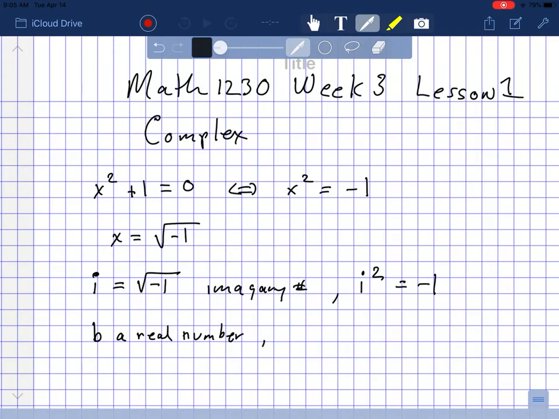Real numbers, remember, are things like integers, fractions, the number pi, the number e, the number square root of 2, and so forth. Okay, so I have a real number b, and I can form the number b times i. So this is an imaginary number.